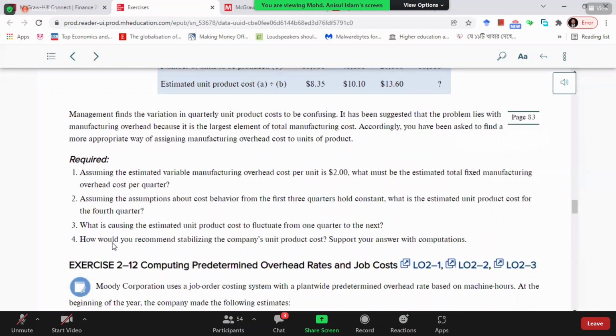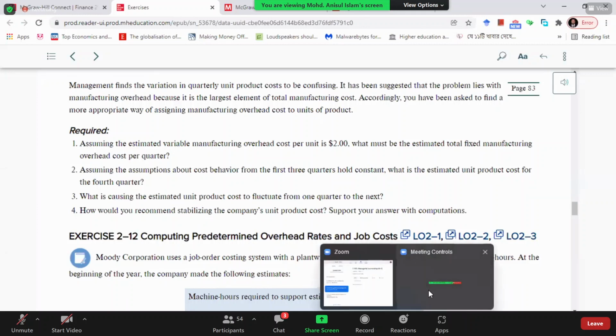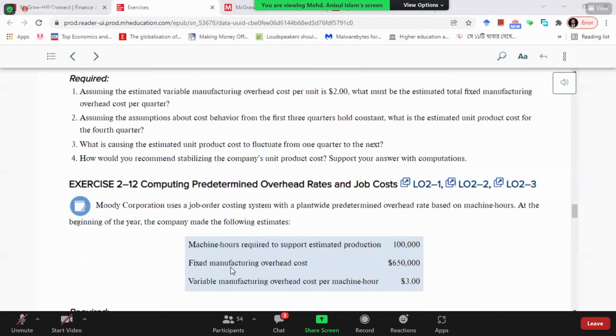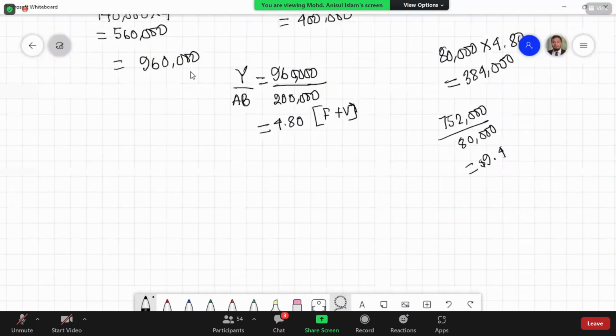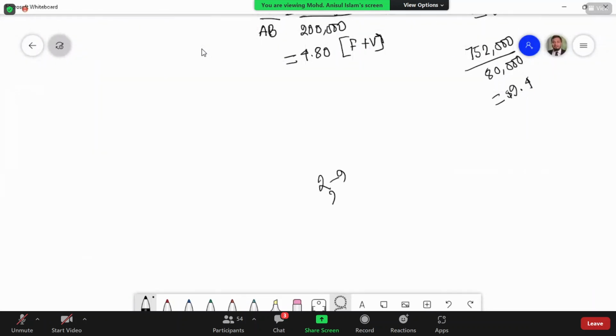So that is the way to work with the requirement of number 4. For solving more exercises, I recommend you solve these problems. We have solved 9 to 11 together.